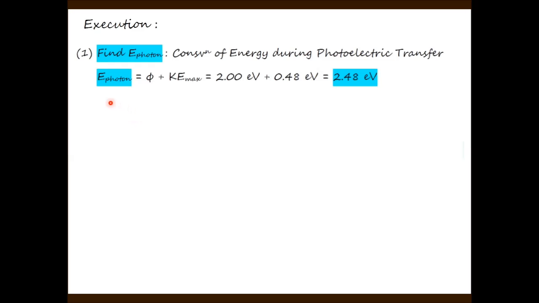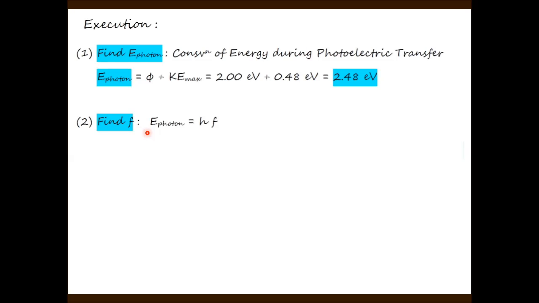We therefore obtain that the energy of each photon is equal to phi plus Ke max, which is equal to 2.48 electron volt. In this calculation, we're going to keep 3 significant figures throughout the calculation and only report our final answer using 2 significant figures.